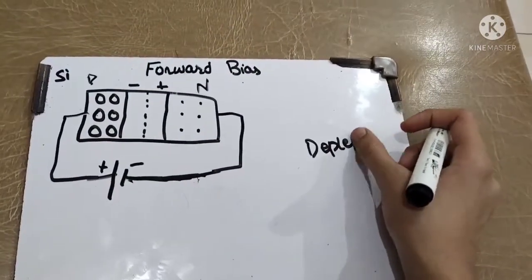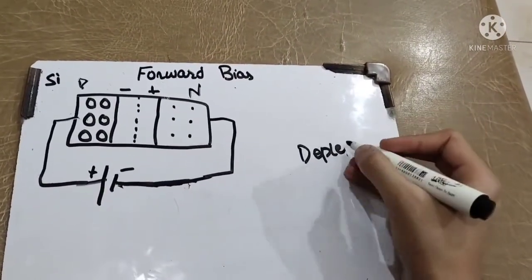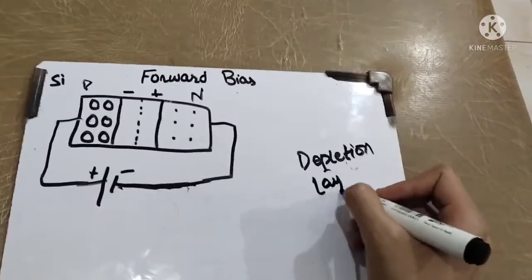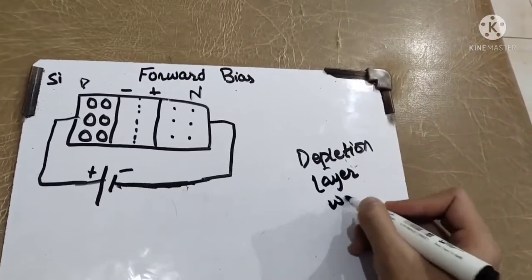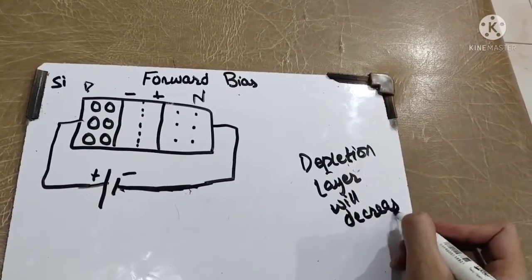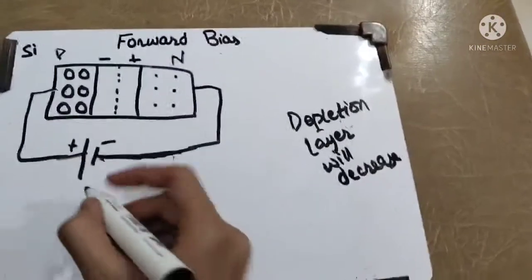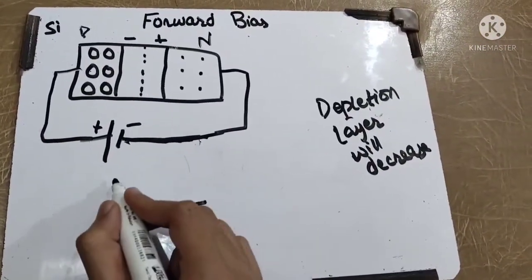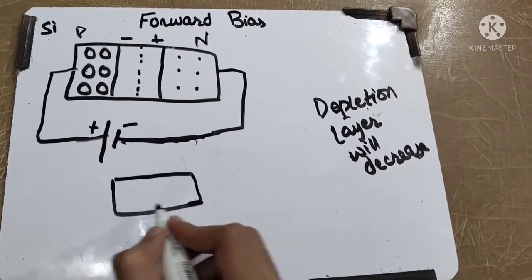The depletion layer decreases. Let's make a diagram of it. Let's take a simple PN junction.